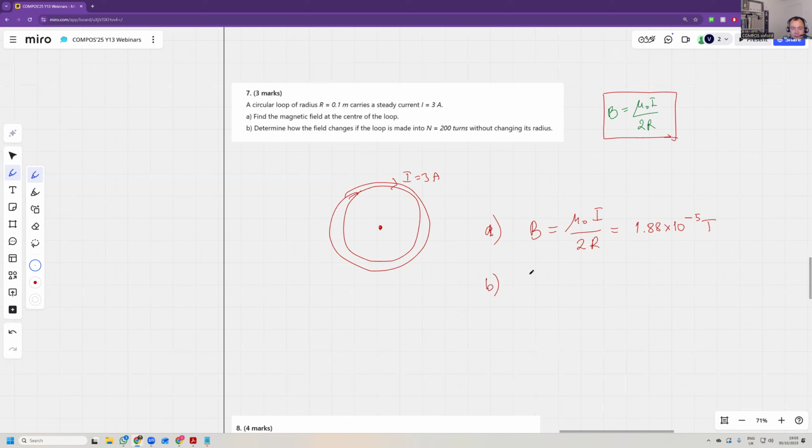So B is going to be 200 times B of a single loop, which is simply times 200, which is 3.77 times 10 to the minus 3 Tesla. That's why we tend to have multiple coils of wires.